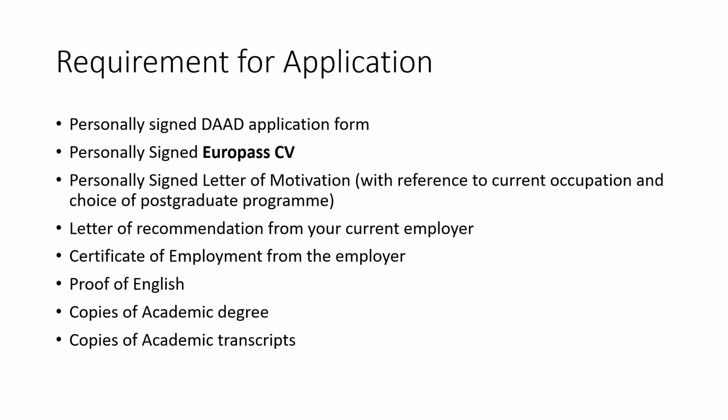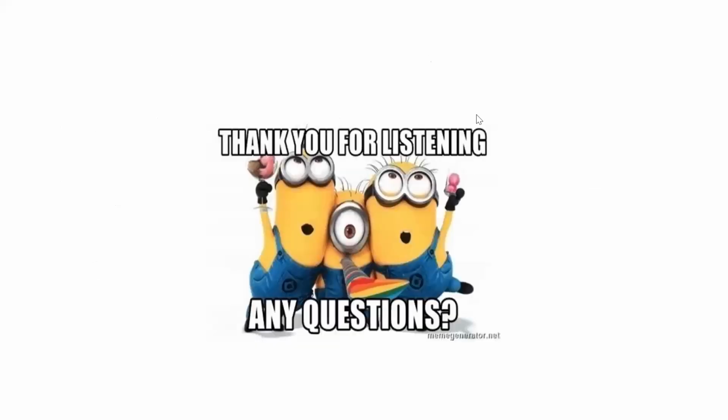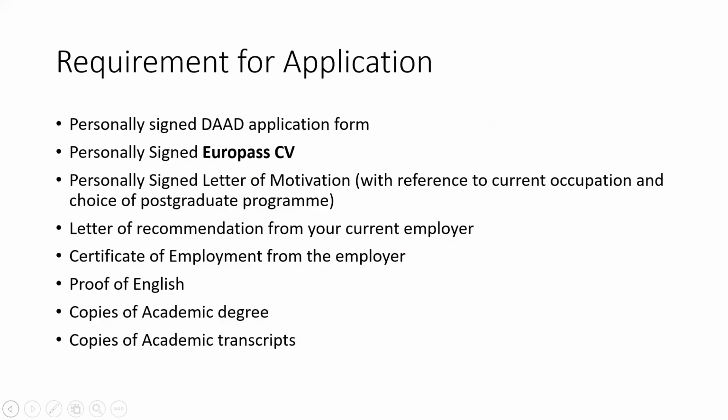So now what you need to do is, after the first selection, they invite some people, maybe the qualified people, for the first interview. This interview is normally a Zoom or a Skype interview. It's a virtual interview, yeah.